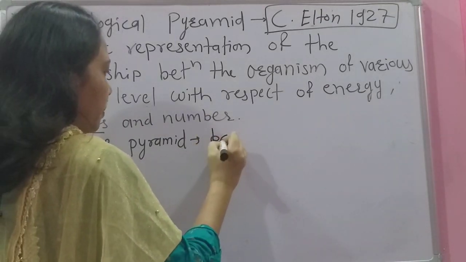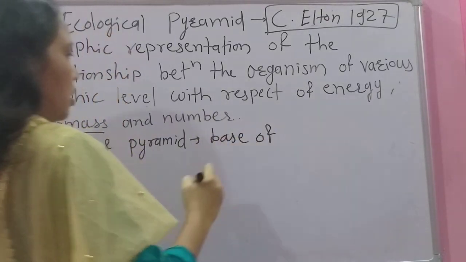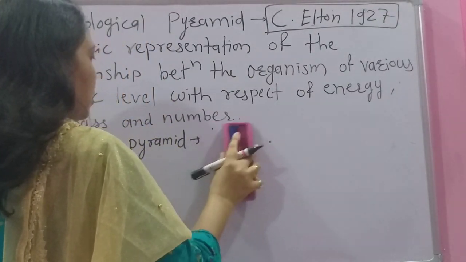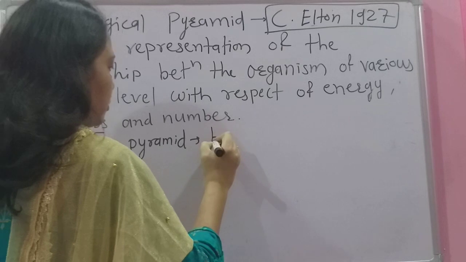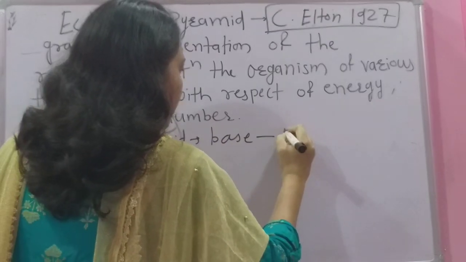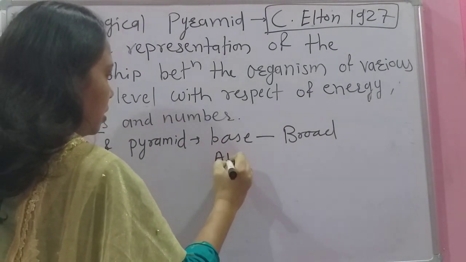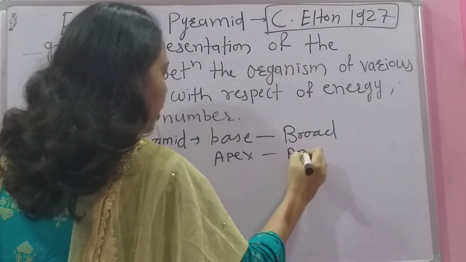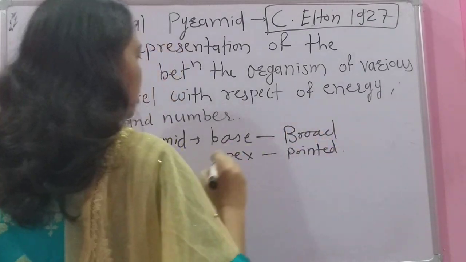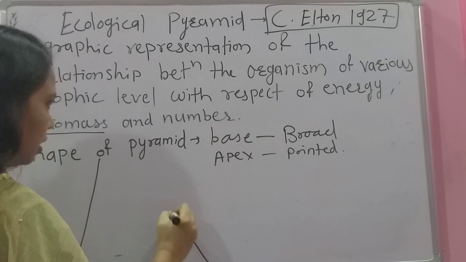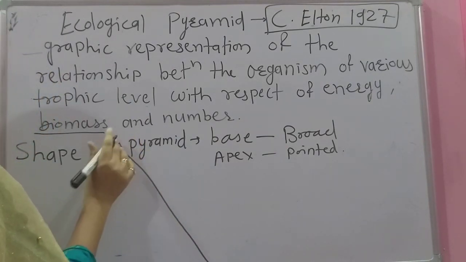base of the pyramid is broad, and at the apex it is pointed, just like the triangle, broad at the base and pointed at the apex.